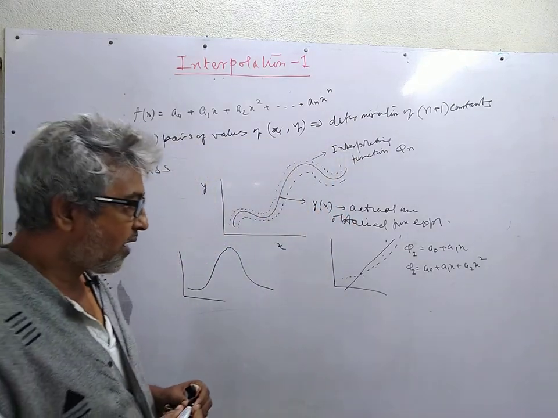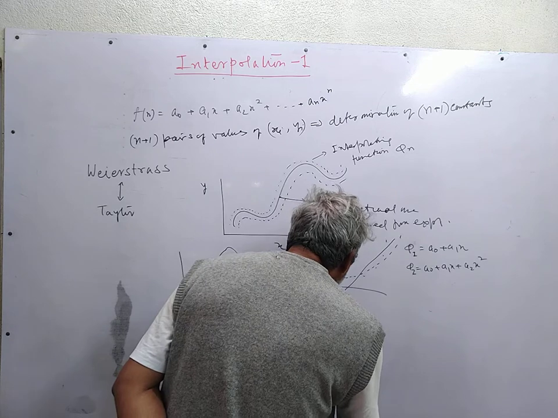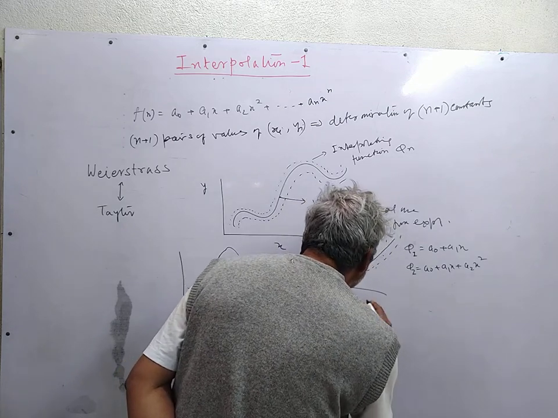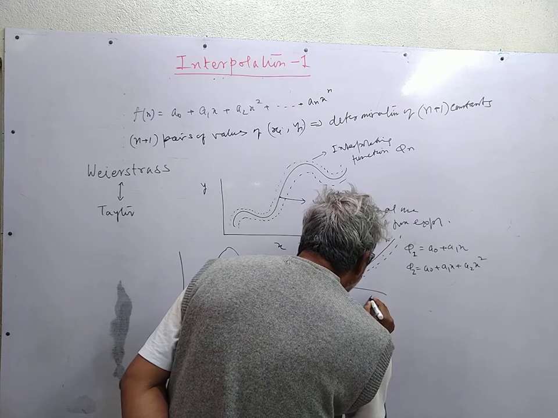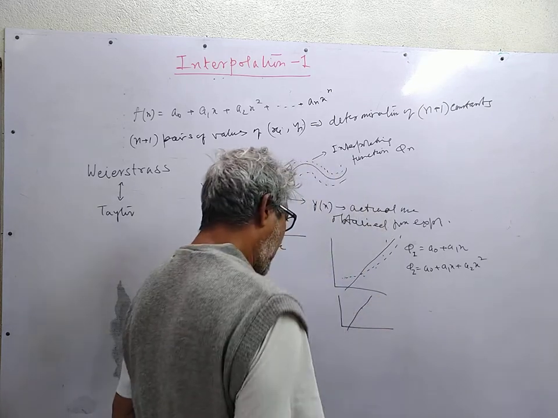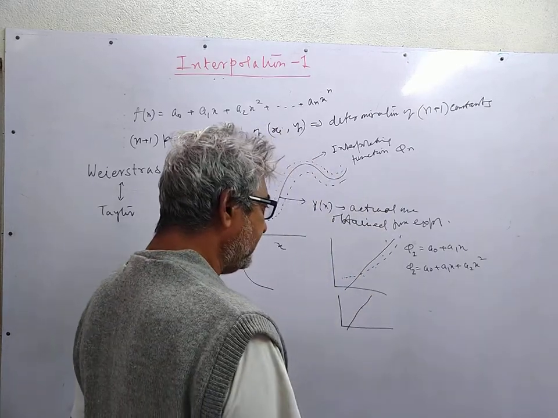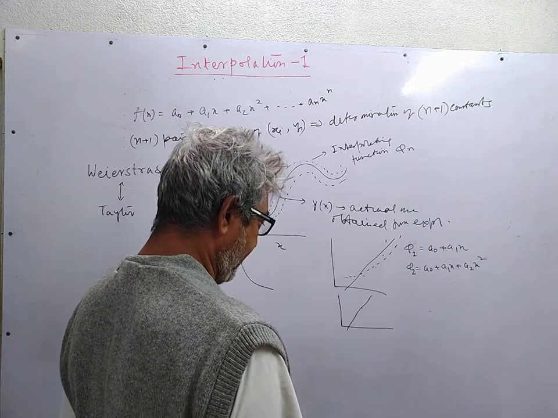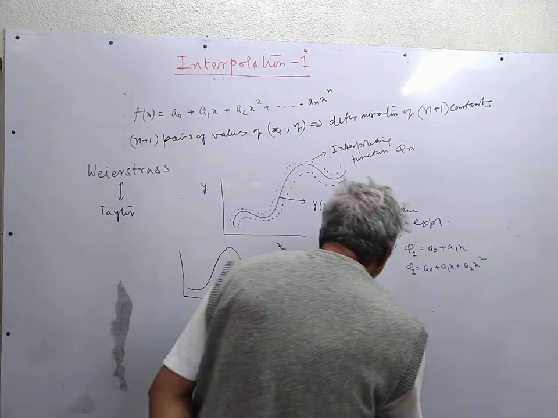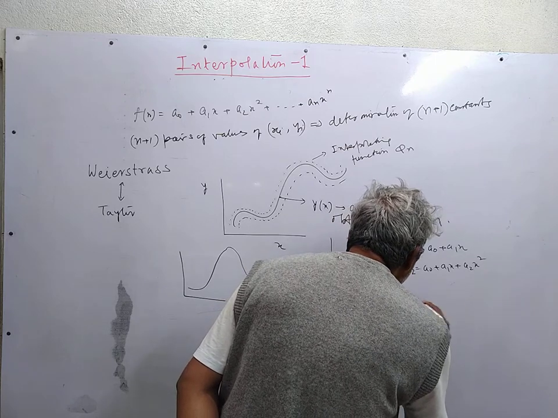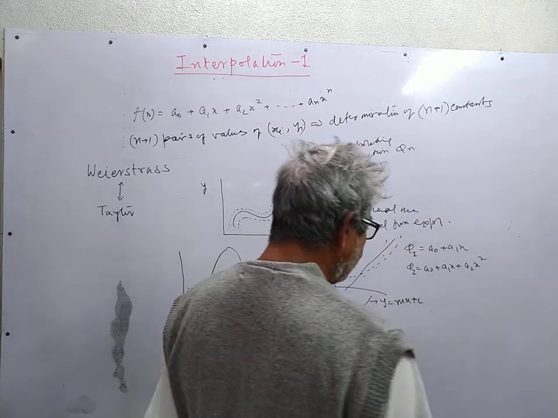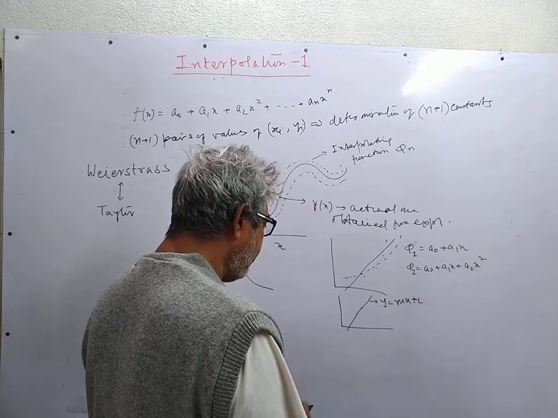It may so happen that the actual graph is a straight line. We have a straight line graph like this, and we are provided with 10 pairs of data. So the actual form is y is equal to mx plus c, and we are provided with n pairs of data.